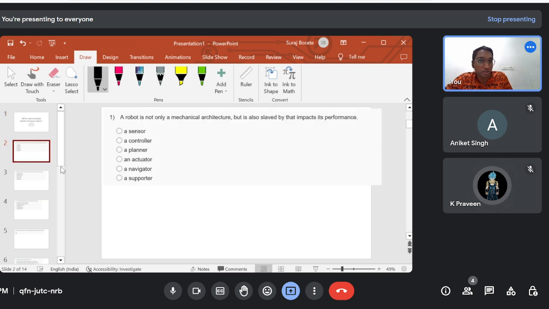A robot is not only a mechanical architecture but is also slaved by something that impacts its performance. So what is that thing which is like the boss of the robot? That is the question.